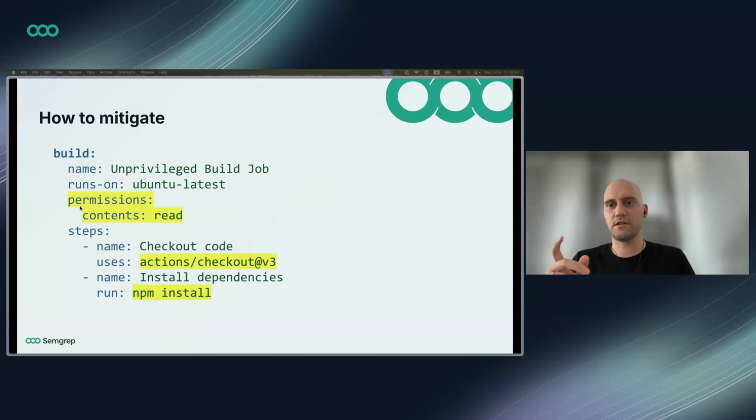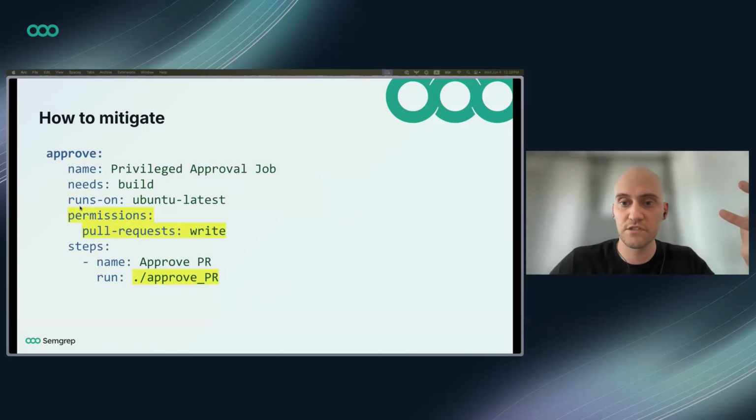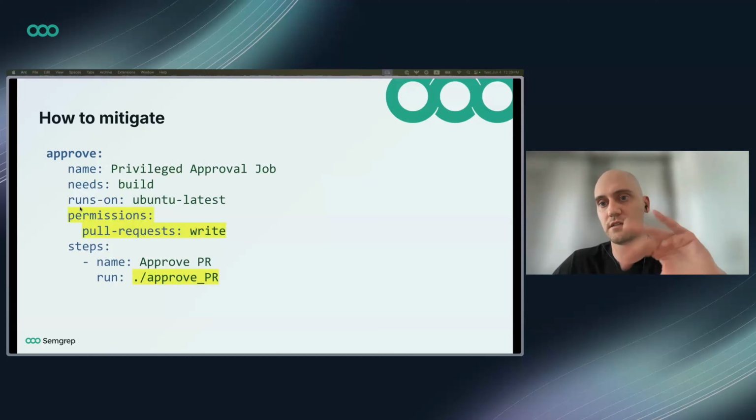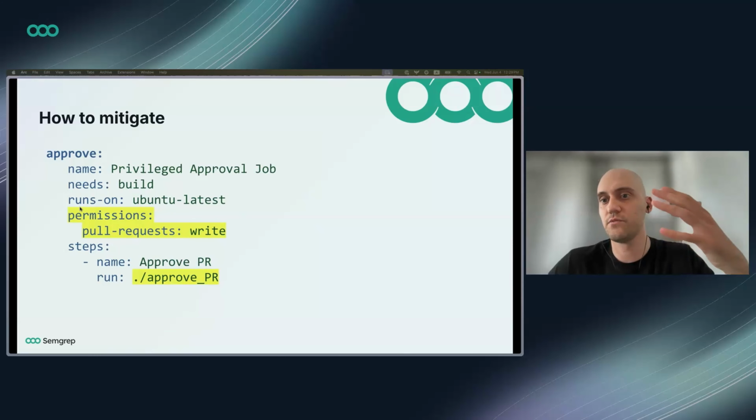Or if we just need if, else, true, false, we can write some value as an output and read it in another job, which in turn is using higher permissions, those that are required to finalize what you want to do, like approve the PR in this case.